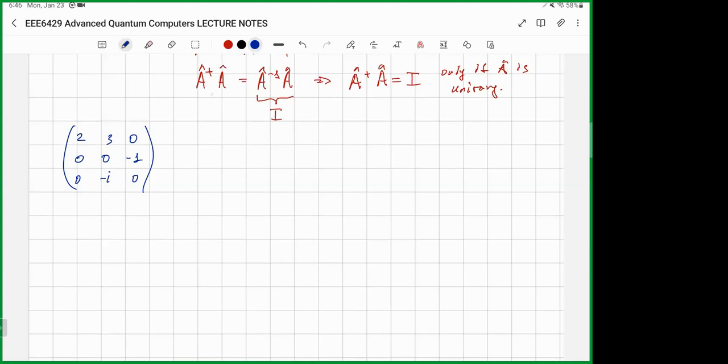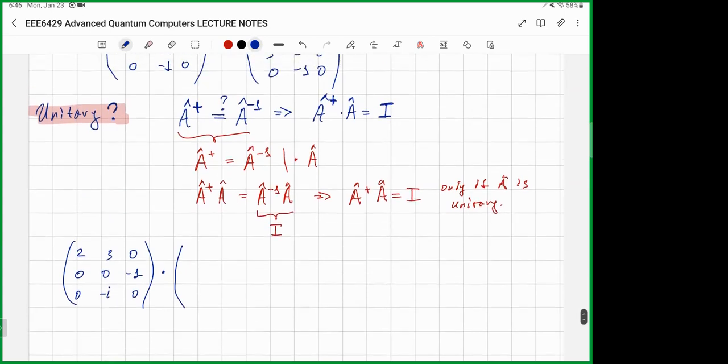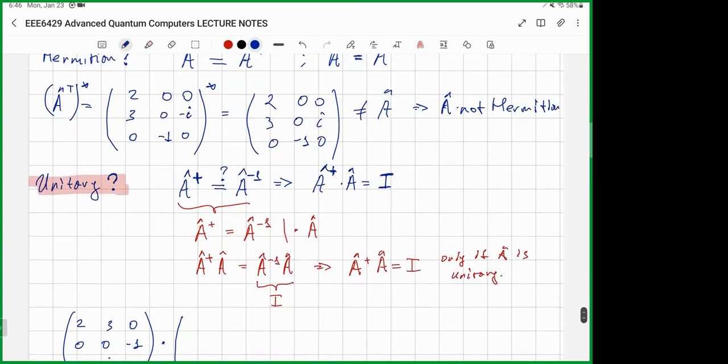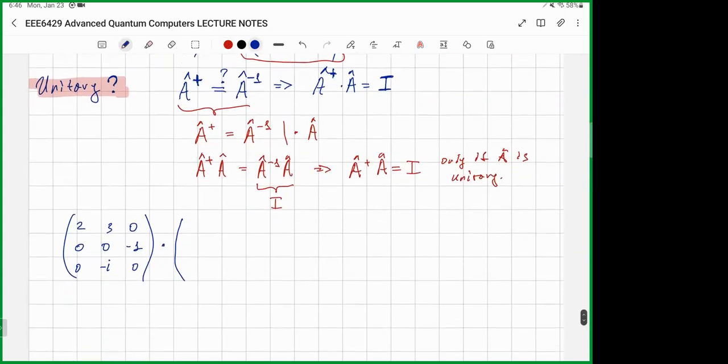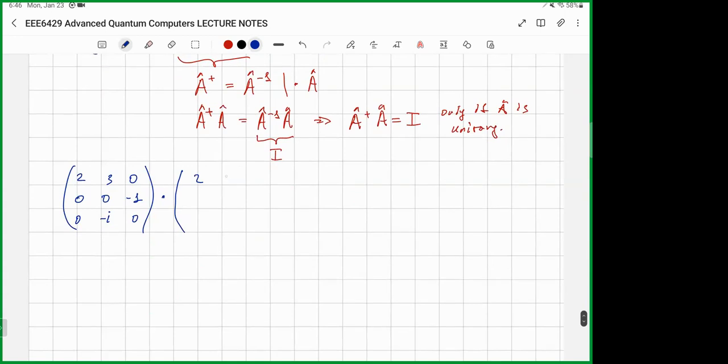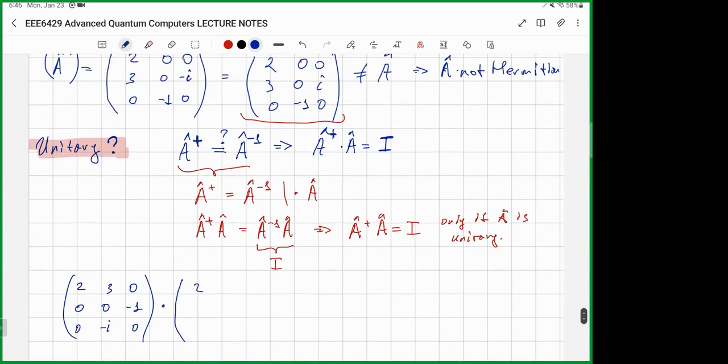And now I take the matrix product with the Hermitian conjugated matrix, which is this one here: 2, 0, 0, then 3, 0, i, and then 0, minus 1, 0.